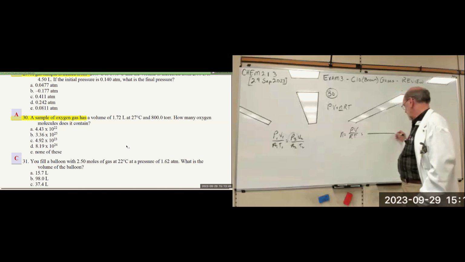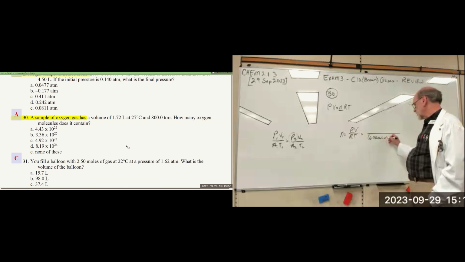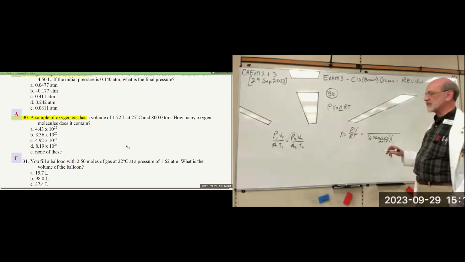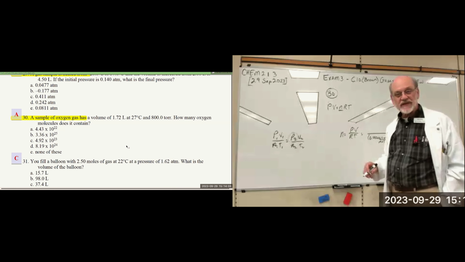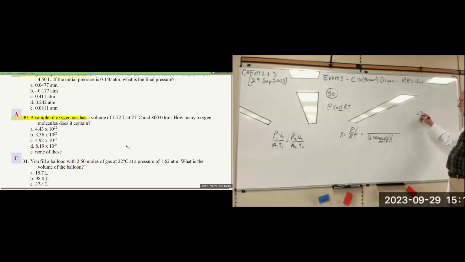Right? So we have this one, R is 0.08206 liter atmospheres per mole K. That means the temperature has to be in K, 27 plus 273, 300 K.